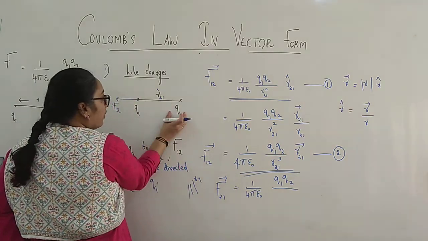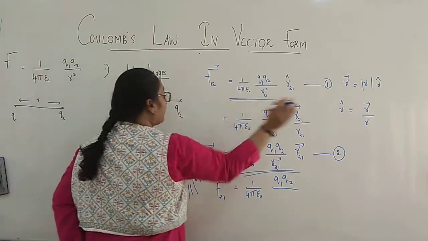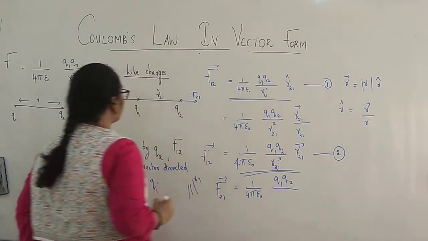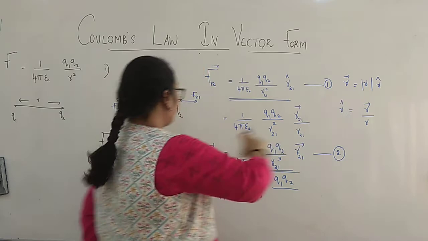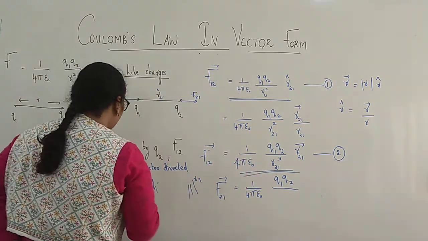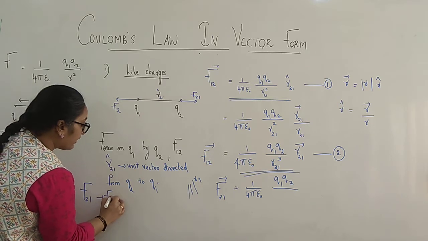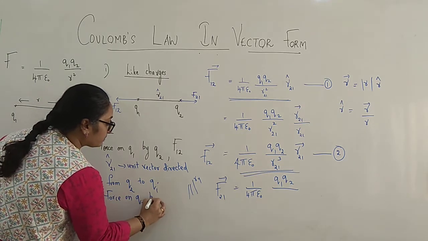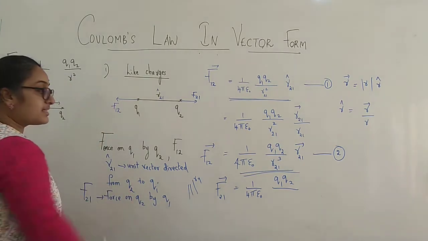So what will happen to Q2 now? Q2 is being repelled by Q1. This is the direction of F21, force on Q2 by Q1, that is F21.